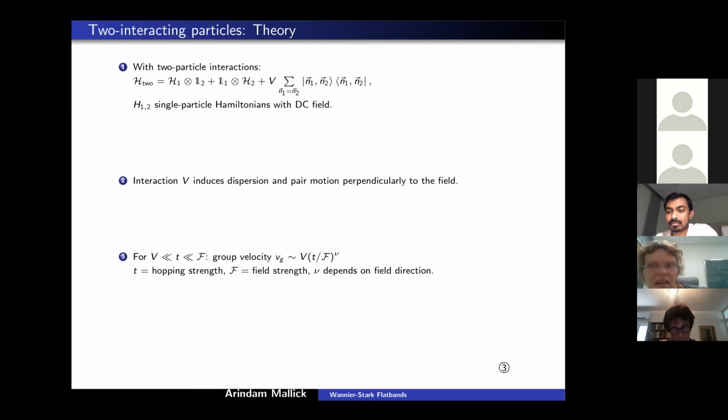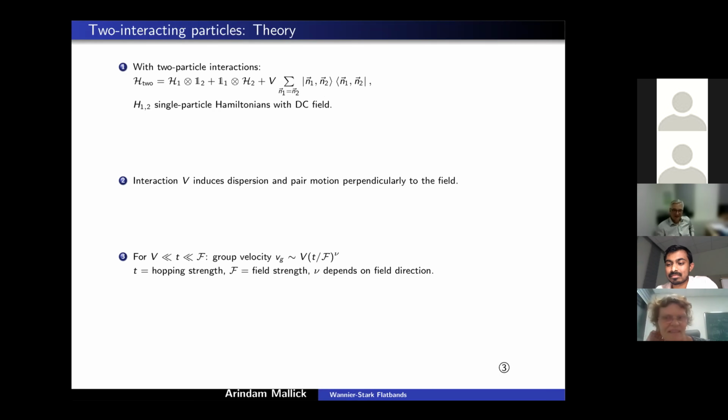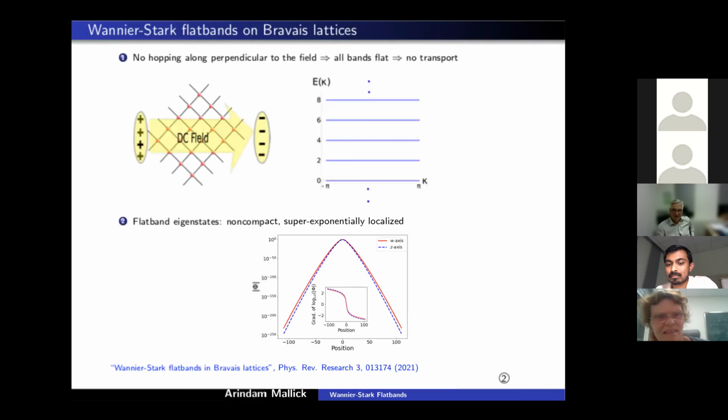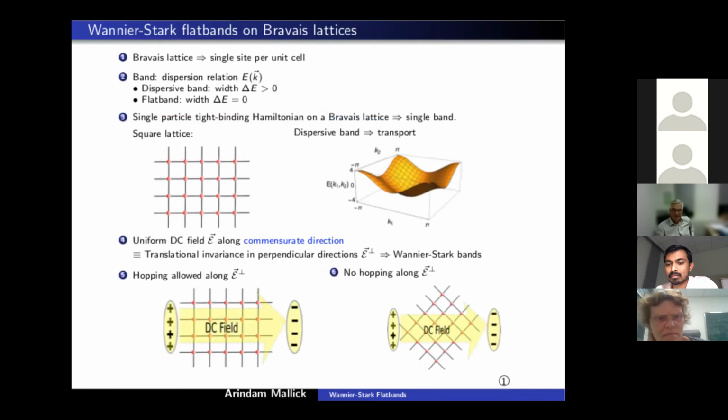Then Alexei also has a question. More of a comment to the question by Christian. I think in this problem the usual intuition with flat bands doesn't really work. To begin with, these flat bands do not have compact localized states.